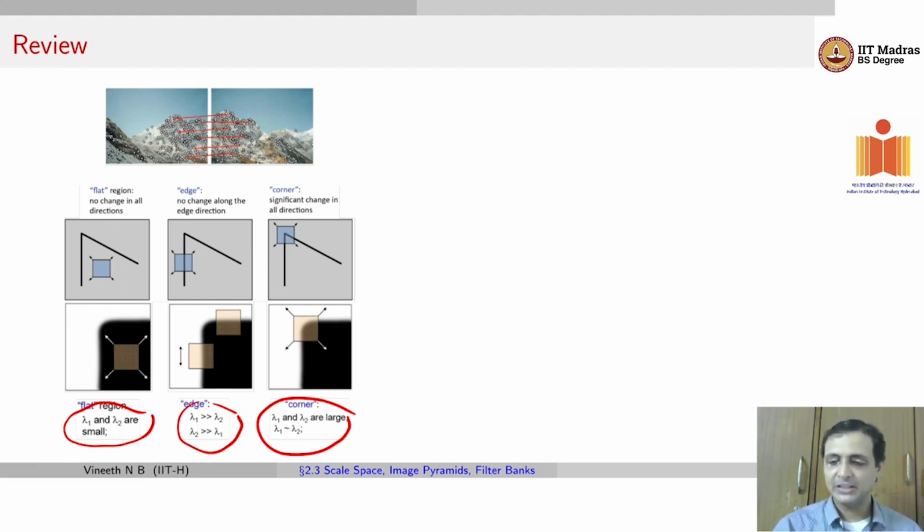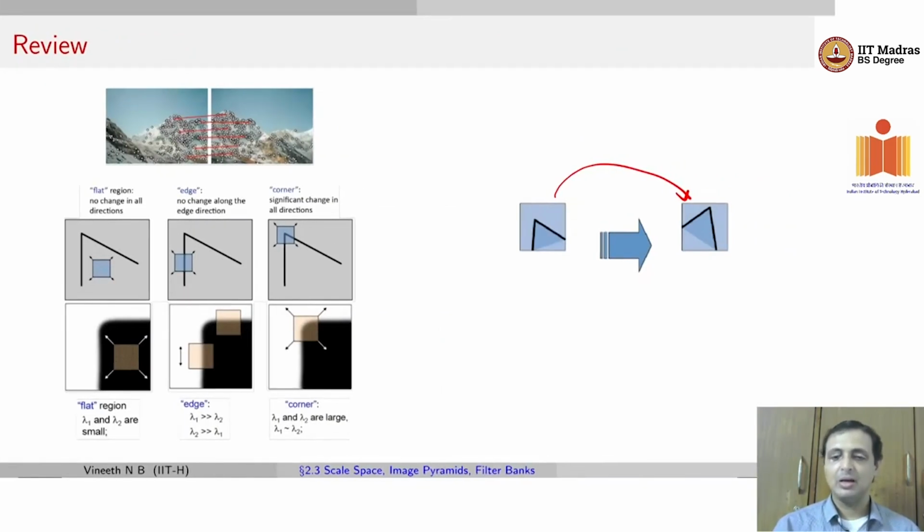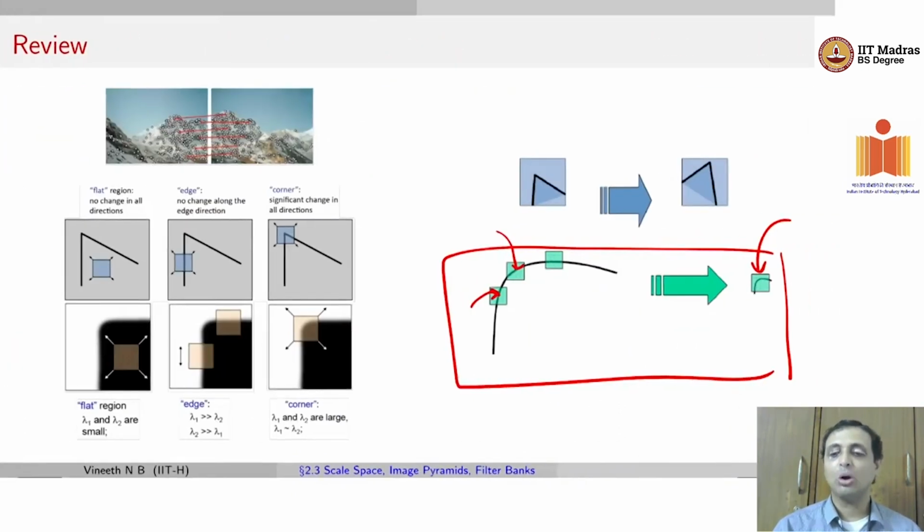But some observations that we made towards the end is that the Harris-Corner detector is rotation invariant, but it is not necessarily scale invariant, which means what is a corner in one image need not be a corner in another image which is zoomed in, where it could seem just like an edge.